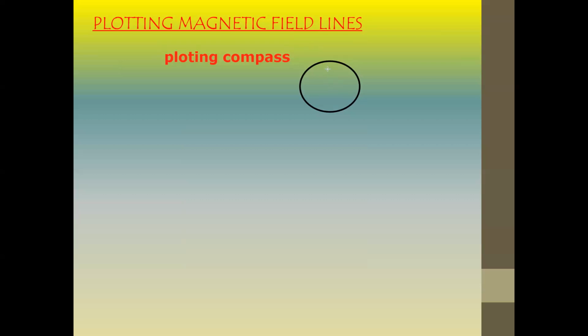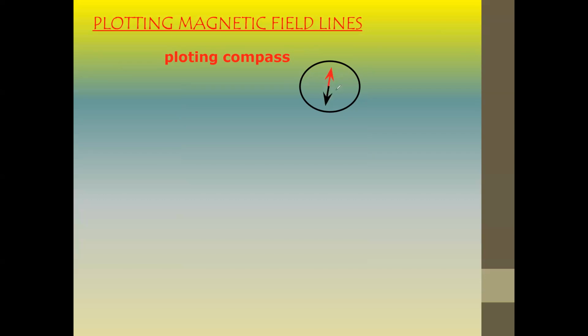Actually, the plotting compass needle itself, there is a needle inside this sphere, and that needle is actually a magnet. So the needle of the plotting compass itself is a magnet, and one side of the needle is the north pole of the magnet, and the other side is a south pole.